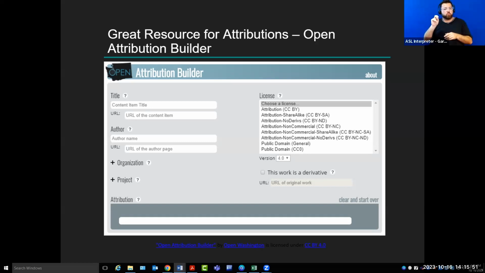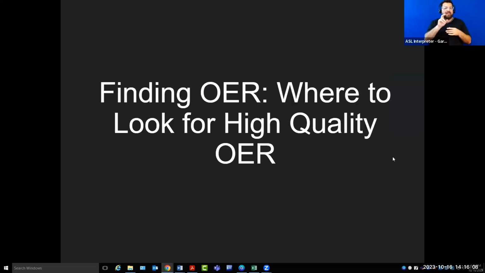So you put in the title, the URL, the author, and all that information, and then it generates the attribution. You can just copy and paste it, and it'll come out looking all professional with the links and everything.